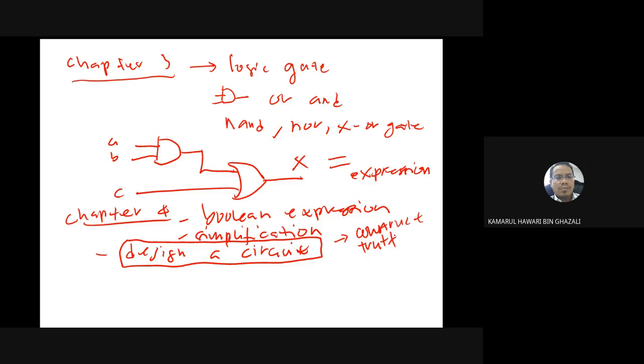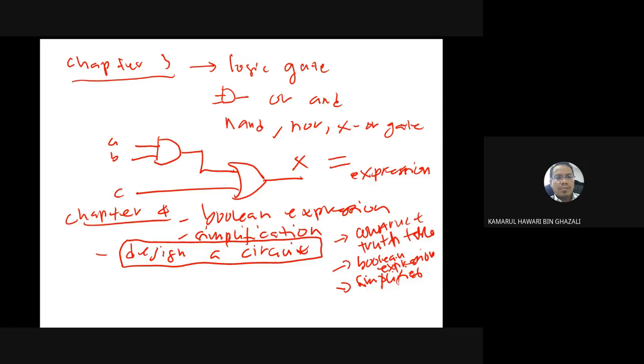If you don't have a truth table, you cannot get the Boolean expression or construct a circuit. Construct the truth table, get the output Boolean expression, and simplify using theorems.